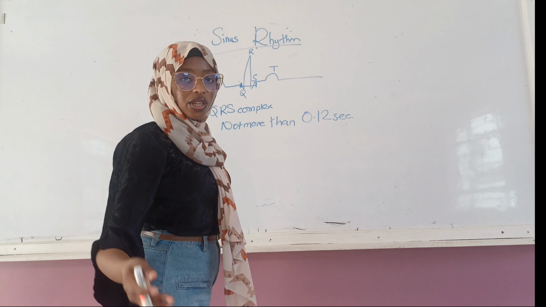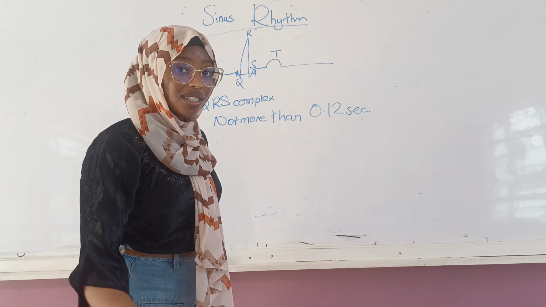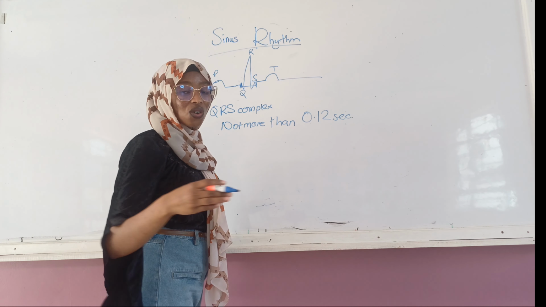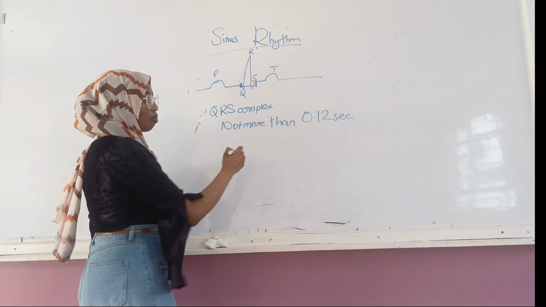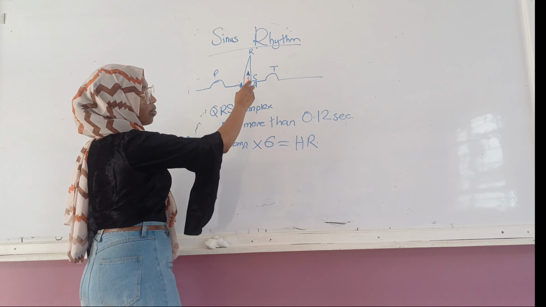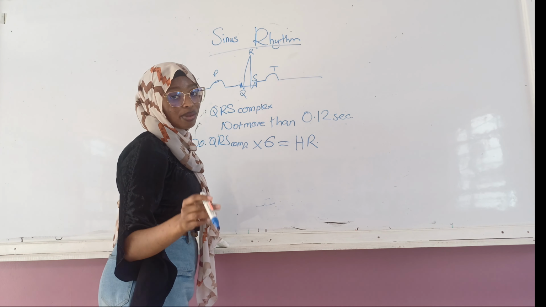Now, since we are at the QRS complex, if you are asked to identify the ventricular heart rate, count the number of QRS complexes that you can see in the whole strip, and again multiply that by 6. The second method is to identify where a QRS complex falls along a thick line of the big box.